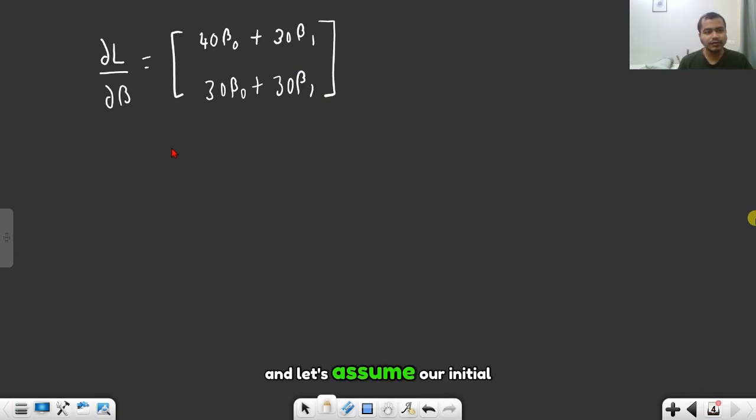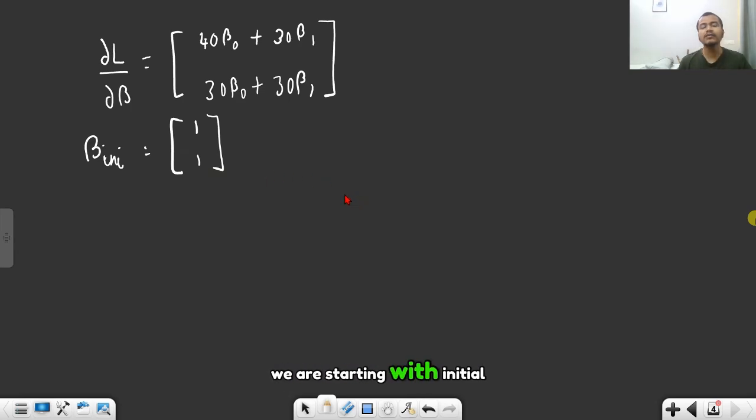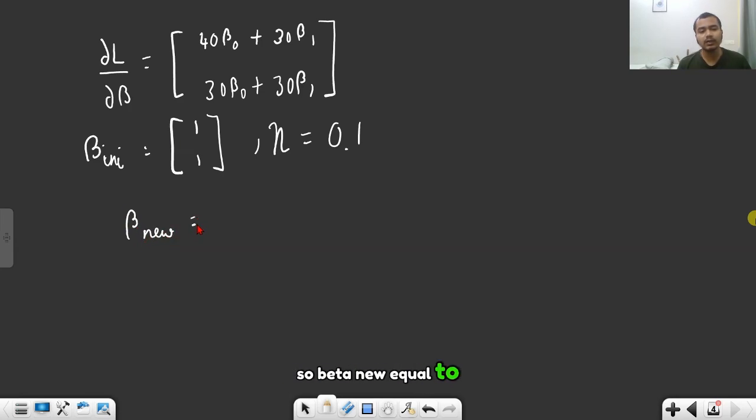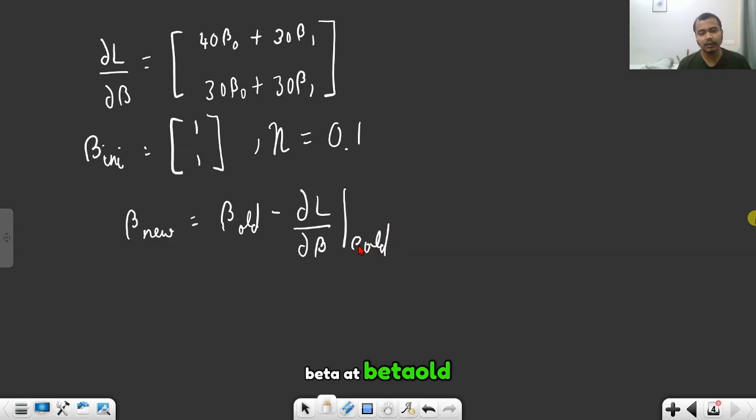And let's assume our initial point beta initial is equal to (1, 1). That is, we are starting with initial values of beta as 1 and 1, and also our learning rate to be 0.1. So beta new equals beta old minus del L by del beta at beta old into eta.